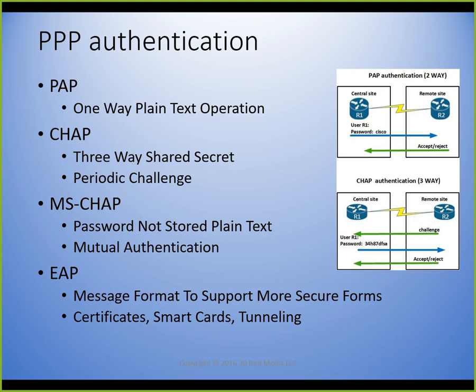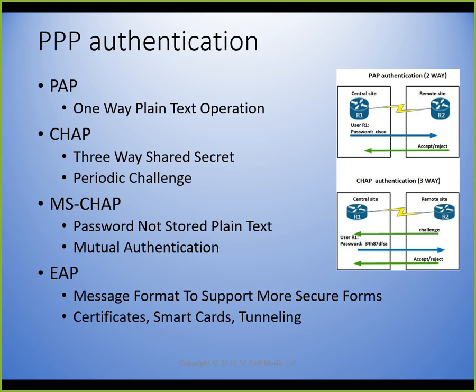CHAP, Challenge Handshake Authentication Protocol, is a three-way process. We send a request to log in. We send our username, and it sends back a challenge, a random character string.